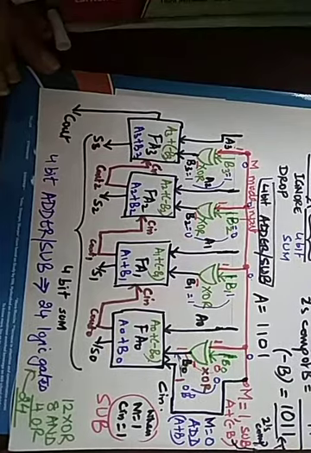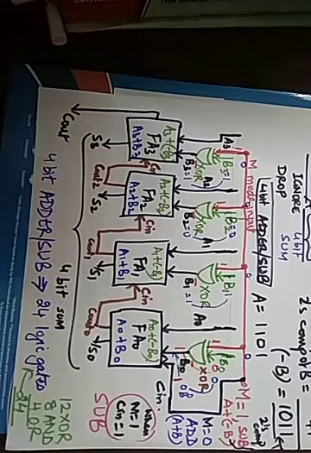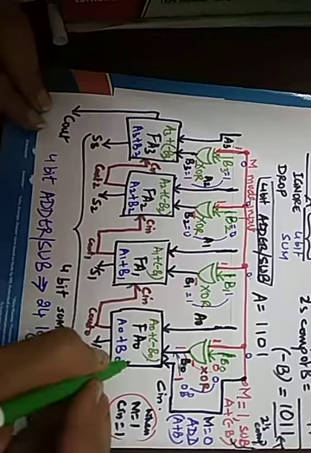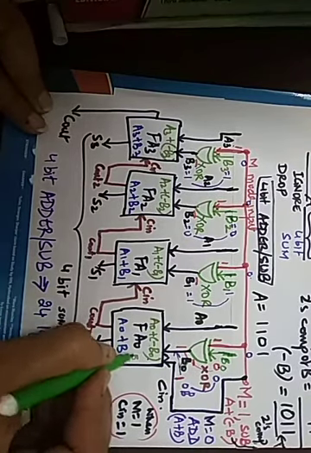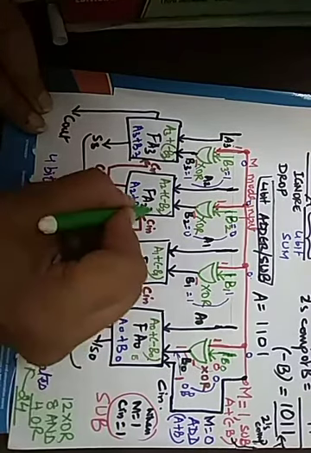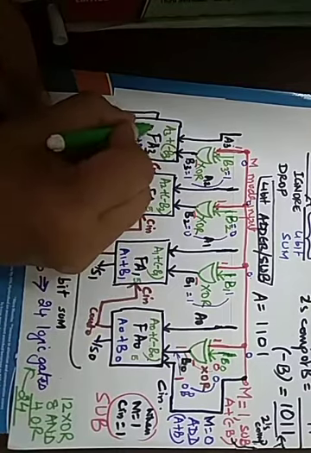24 logic gates. So take a careful look at this logic circuit. Rather, it is still a detailed block diagram. If you break it into logic gates, remember that this has 5 logic gates, this has 5, this has 5, and this has 5.